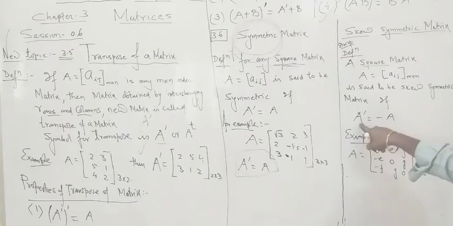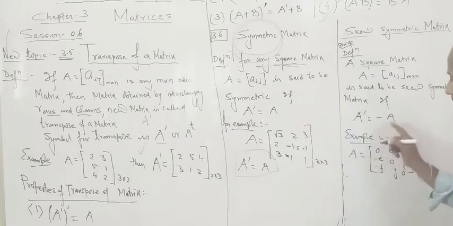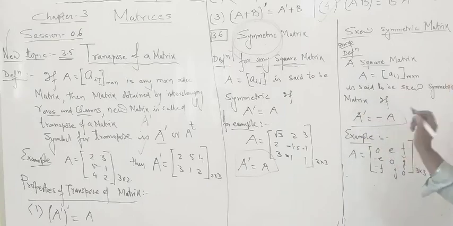If you are finding the transpose and the answer of the transpose is equal to minus of A, it means A's members will have a minus sign. The difference between these two is a minus sign. Then it is called a skew symmetric matrix.